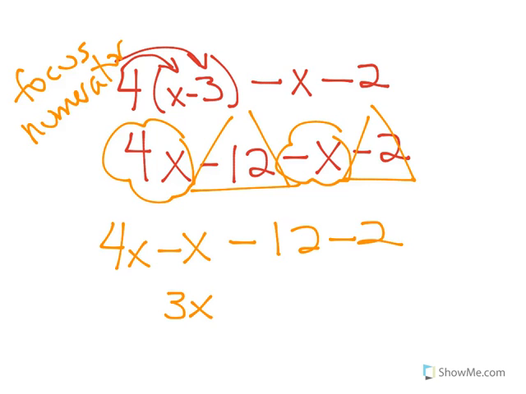Negative 12 minus 2 more is a negative 14. So my numerator is 3x minus 14. My denominator was the x plus 2 times x minus 3.